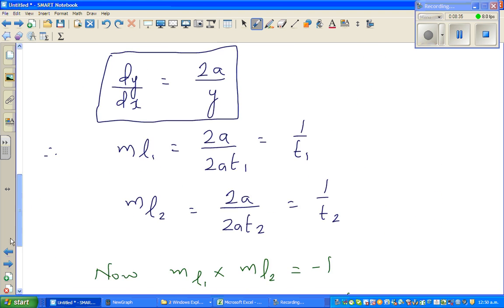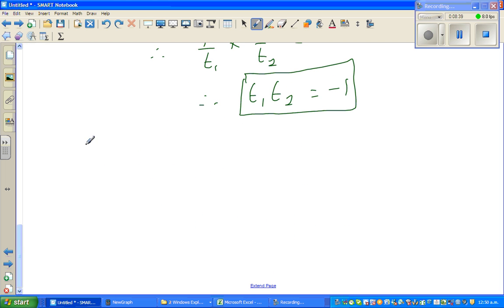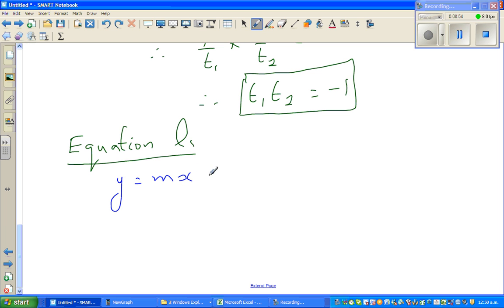We know the gradient of L1 and L2, so we can write the equation of L1. The equation of any line is y is equal to mx plus c, where c is the y-intercept.